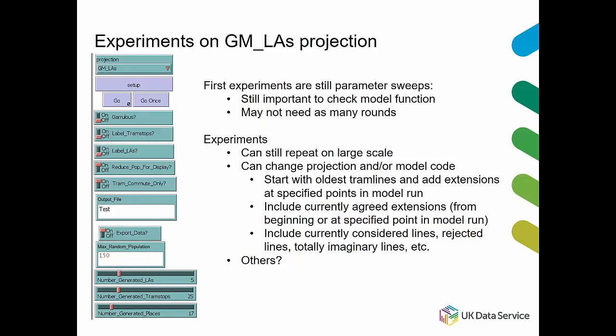Well, those all have dates that you can add to the shapefiles, and you can make them come online when the model hits the right timeline for that. You could also add tram stops that don't exist in reality, but maybe you want to test what would happen if we built a tram line out to Stockport or Wigan.